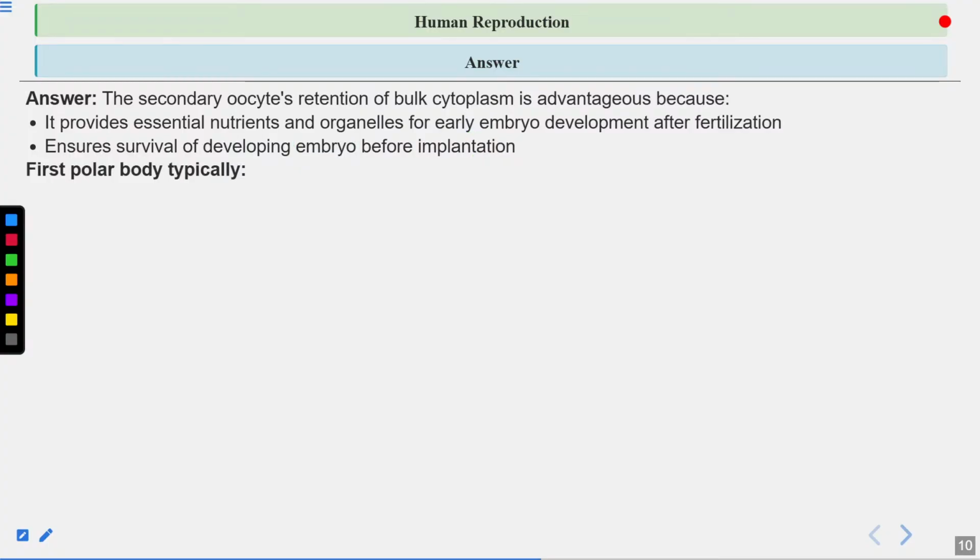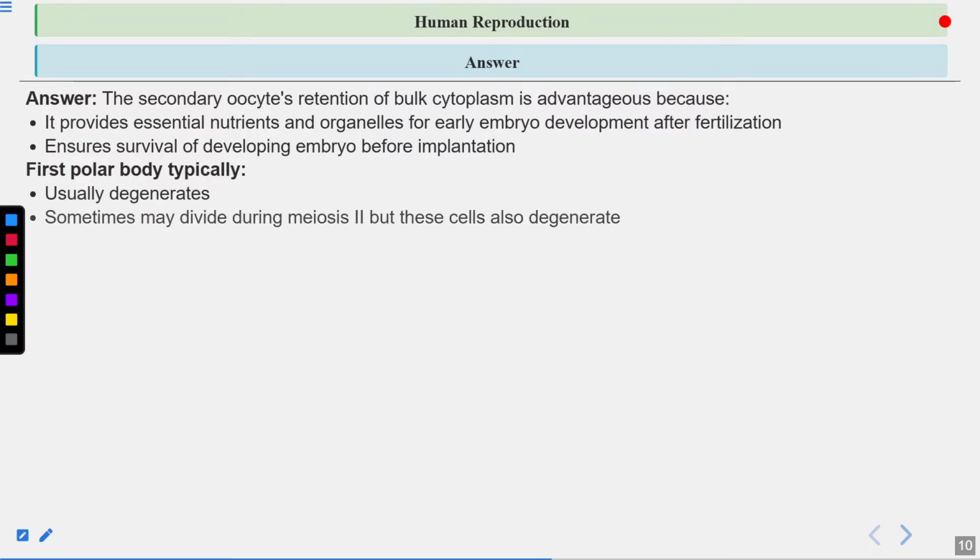Now, what about the first polar body? It usually degenerates. Okay, sometimes it may divide during meiosis 2 also, but these cells also degenerate. Sometimes the polar body can further divide by mitosis, but these cells also degenerate.